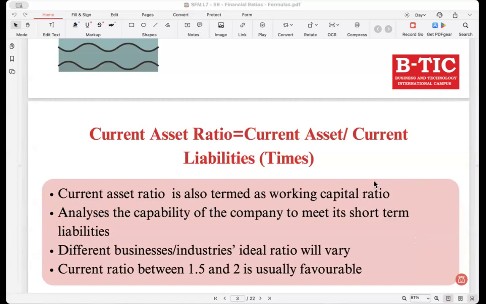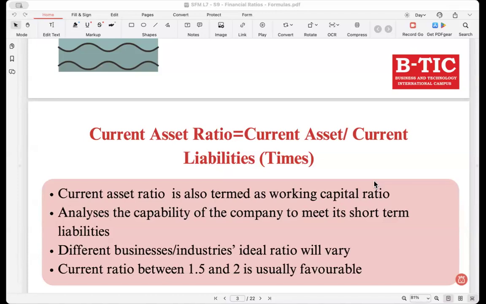What if it is less than 1.5 or less than 1? This means that the company is struggling to pay its short-term debts. And it cannot be too high as well. Say, for example, the result was 2.5. No, that is also bad. The ideal ratio is between 1.5 and 2. Too low, bad. Too high, bad.